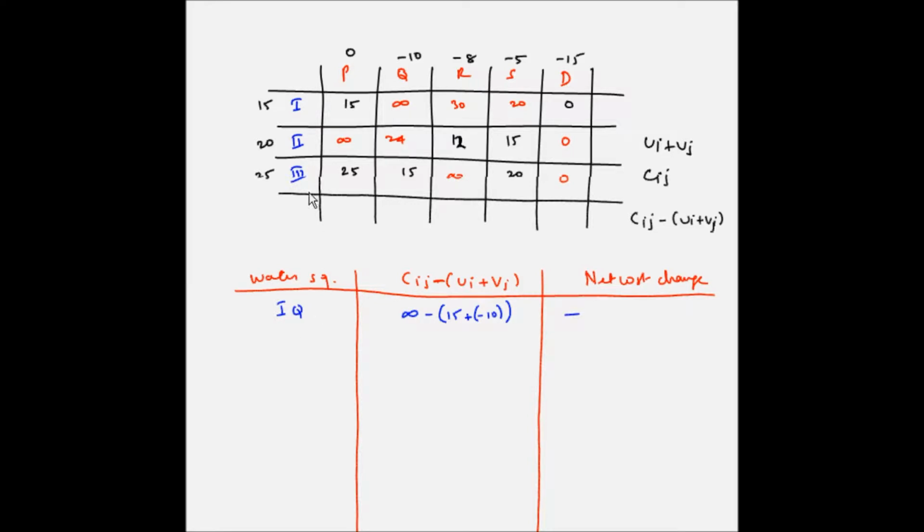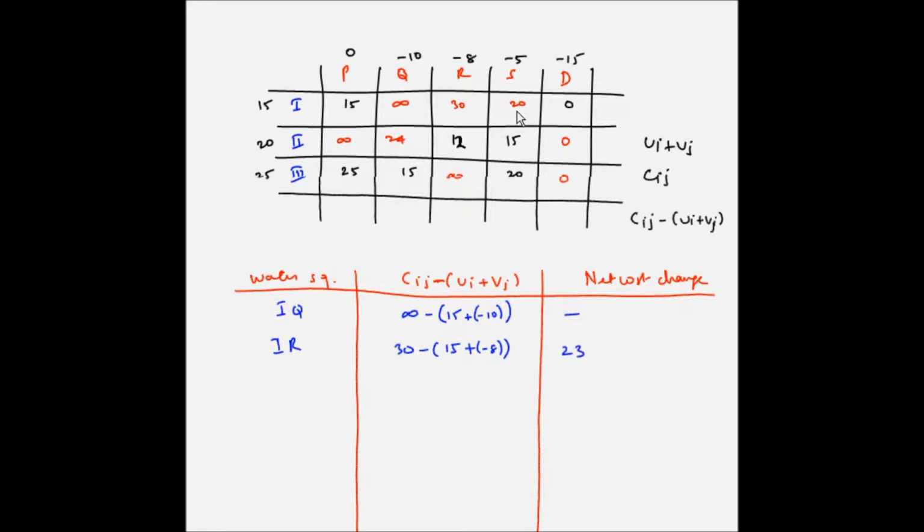The next water square is 1r. Cij is 30, which is this value here. Ui is 15 and vj is minus 8. So 15 minus 8 is 7 and 30 minus 7 is 23.